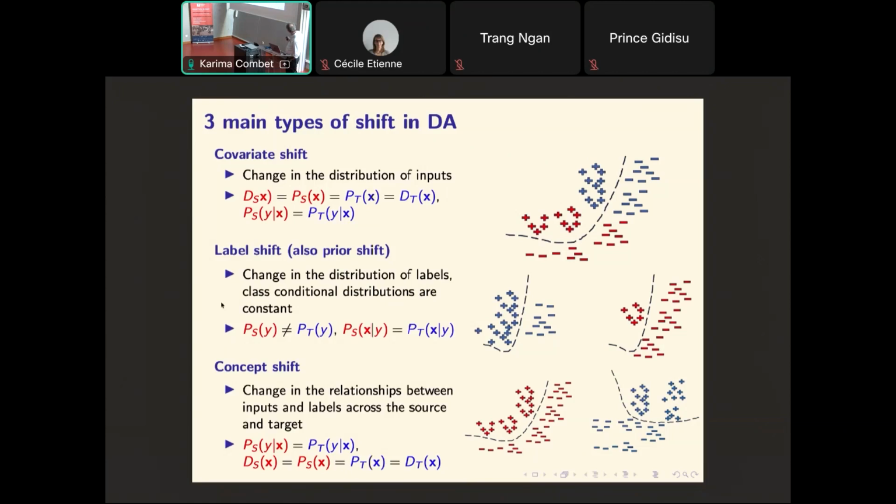And the concept shift is that we have a concept that changes between the two tasks. So here we see that the concept to learn is here, and the concept to learn is here. So we have changed it. Sorry, there are some typos here. It should be different here and different here. So this one is different. I have to correct my slides, sorry.